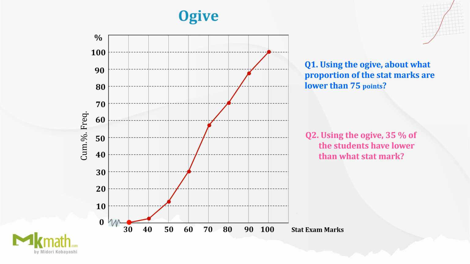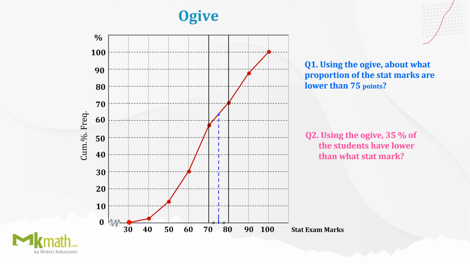Now try to answer the questions based on our graph. Since the first question says lower than 75 points, the position must be halfway between the 70 and 80 grid lines on the x-axis. Draw a straight dashed line starting from the midpoint of 70 and 80 until you hit the main ogive graph.